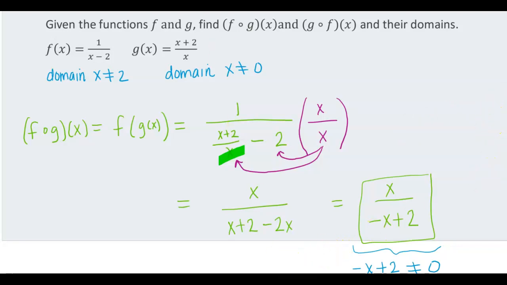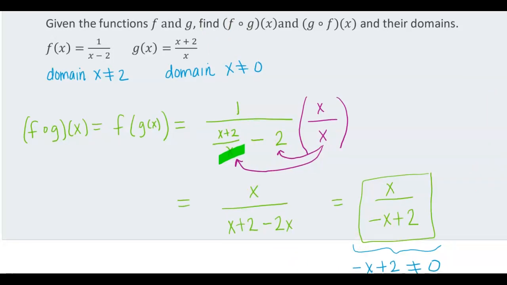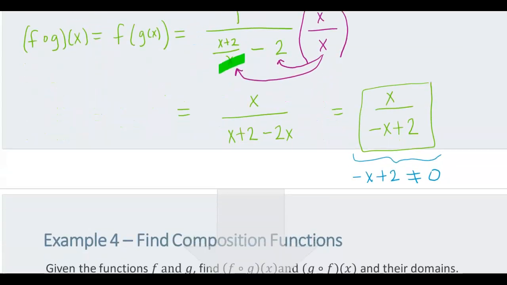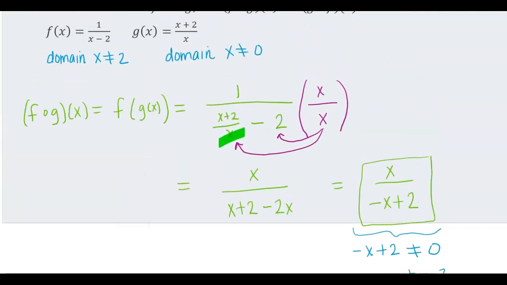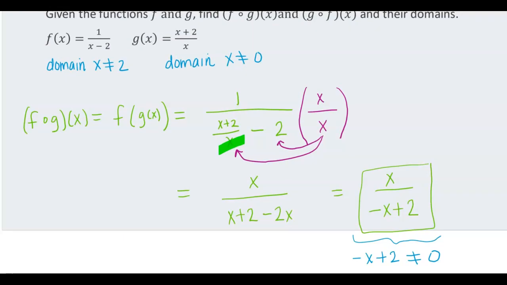So if I try to simplify that, that would be that negative x cannot be equal to negative 2. x cannot be equal to 2. So I'm not getting anything different than the original 2.